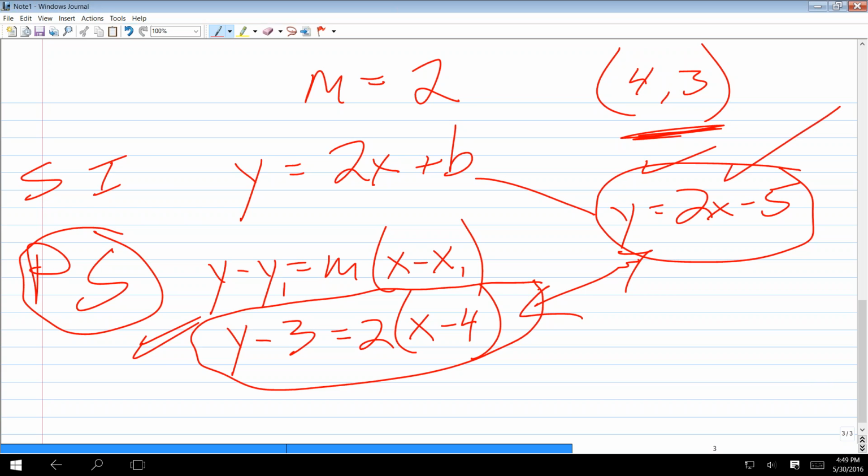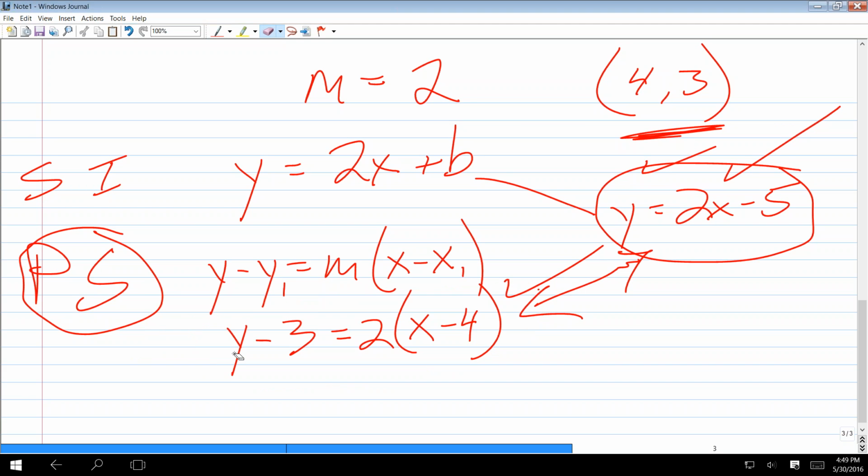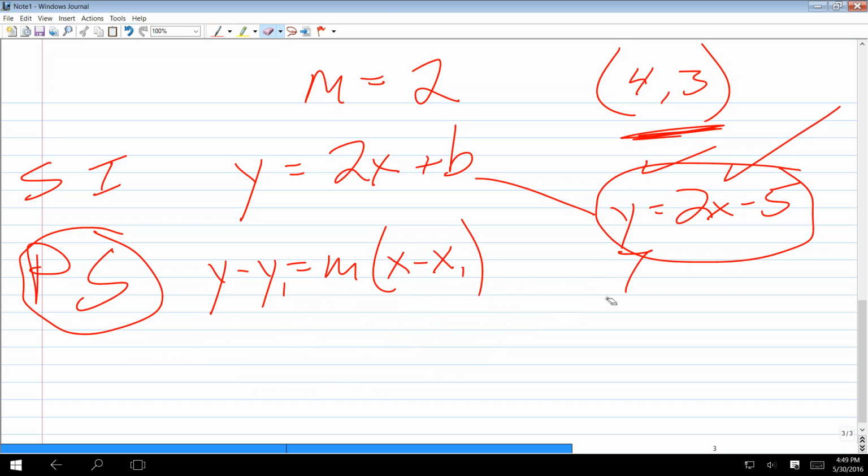If they say, give it to me in point-slope format, you want it like this. Now, in case you forget what point-slope format looks like, notice that if I divide both sides by x minus x sub 1, I get slope equals rise over run.